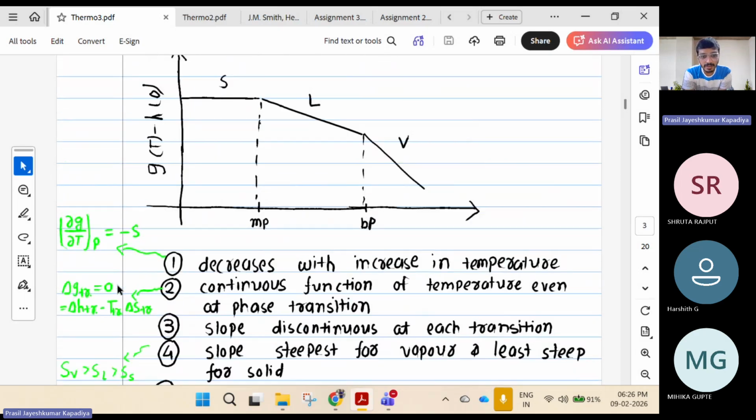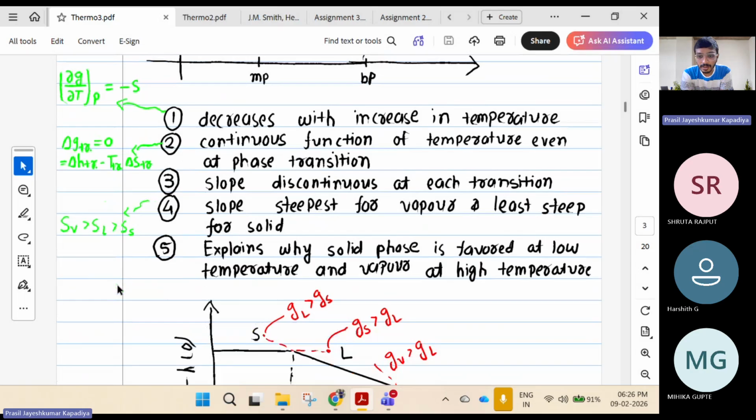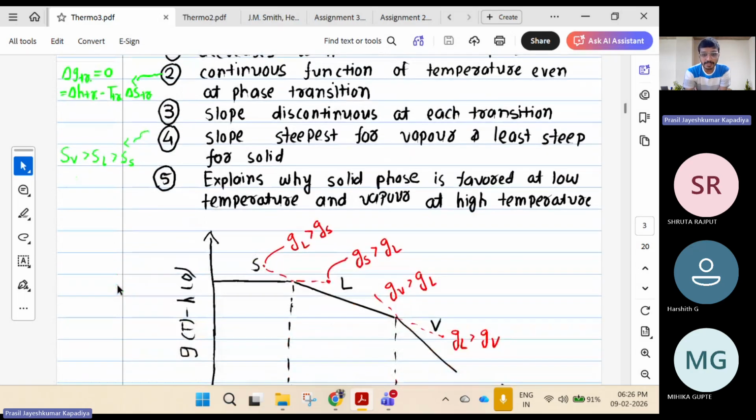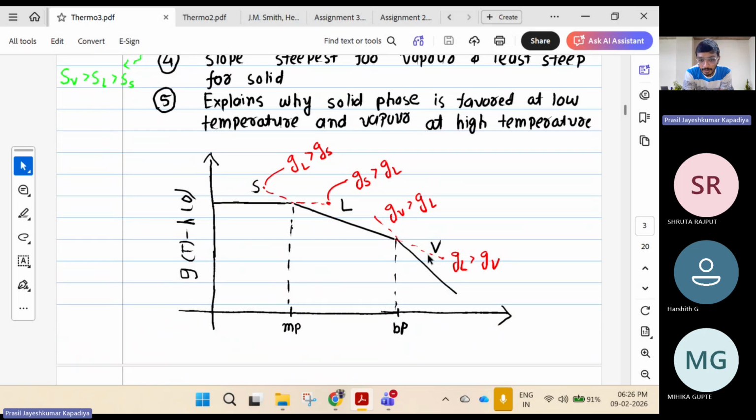Okay, and this curve gives us very important details on why the solid phase is favored at lower temperature and why the vapor phase is favored at high temperature. So this is the same plot. Let's see if I am extrapolating this on this side and this on this side. I'm extending these curves. Let's say the curves were not like this, they were like this.